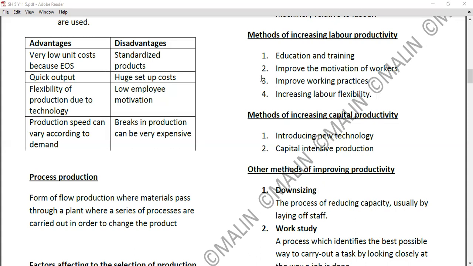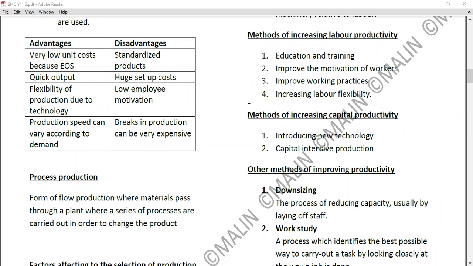And improving working practices is another method of improving labor productivity. The layout plan, the staff layout, how we design the factory layout, is important, so we can easily move here and there. Sometimes factories have an open door policy, which means anyone can come anytime to the boss's or CEO's office, so this kind of communication can be more flexible, along with department meetings.